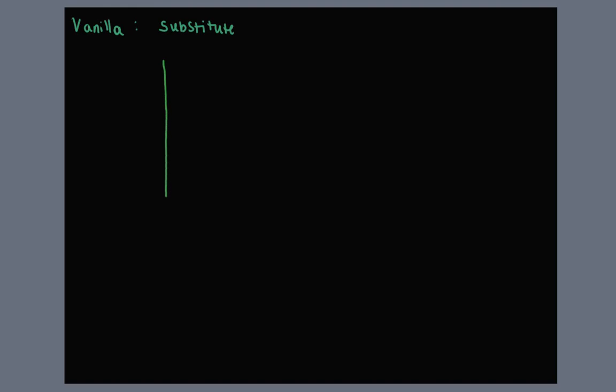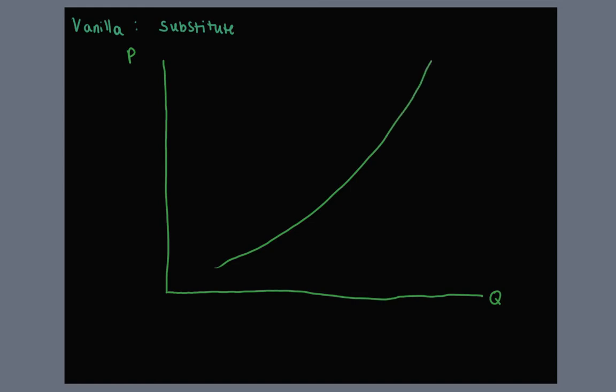I'm going to also draw a downward sloping demand curve that reflects the law of demand, that a decrease in the price of a good will occasion an increase in the demand for that good, all else held constant, ceteris paribus.